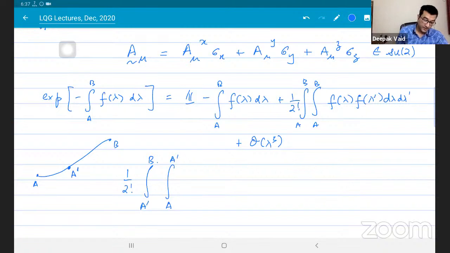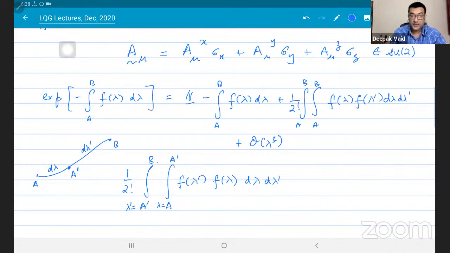Then I integrate over d lambda from A to A prime and over d lambda prime from A prime to B. And I multiply these products in that certain order, such that on the left side I have lambda prime, on the right I have lambda.